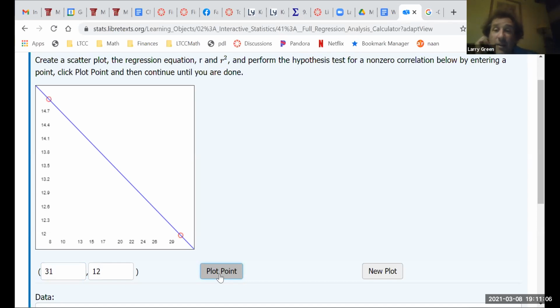Okay, so by the way, if you only have 1 point, you can't do a line. Doesn't even make sense. But 2 points, we have a line. By the way, what do you think the correlation is going to be if you only have 2 points? Or even better, what do you think R squared is going to be?